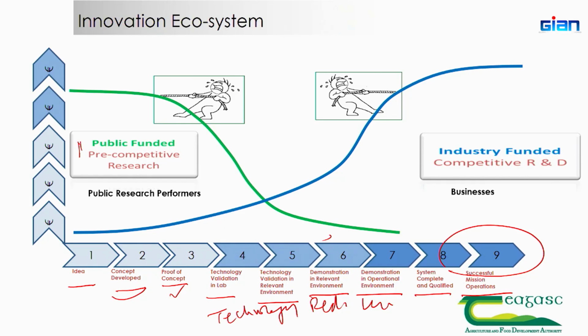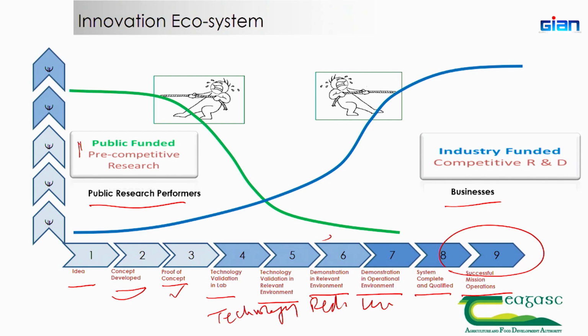What does it mean? There is always a push and pull, whether it is public research performers or businesses. The push is: what is the purpose of your research? You spend so much money, is any technology produced? In the same way, government or universities ask industry to fund more fundamental research.